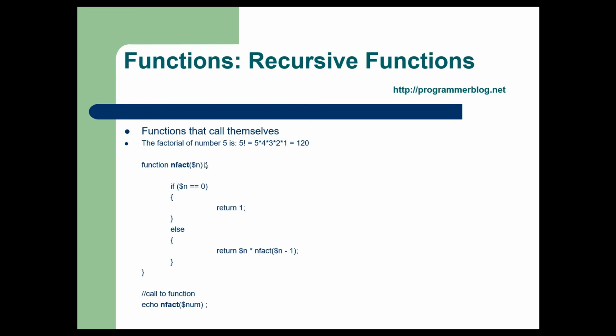Then next, this function will be called with the value 4, and 4 times the function with the value 3 will be called. This process continues until the number becomes 0. Once the number becomes 0, 1 is returned. Then all the recursive functions calculate the result and send it back. Let us run this.